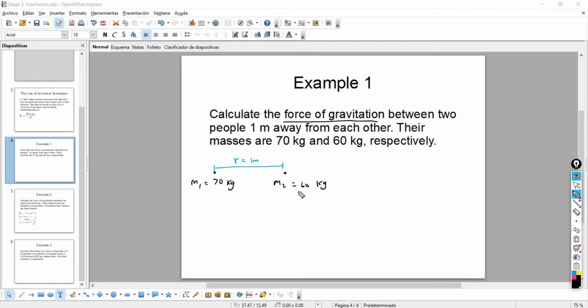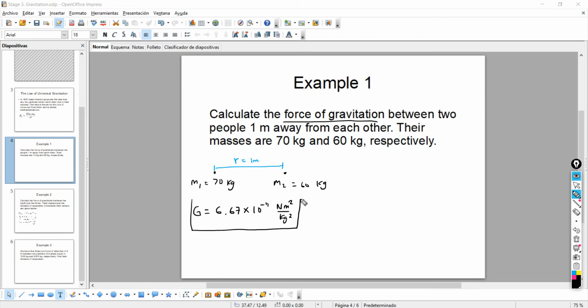Why? Because I have the masses, I have the distance of separation, and I know that the constant of gravitation, big G, is equal to 6.67 times 10 to the minus 11 newtons meters squared over kilograms squared.